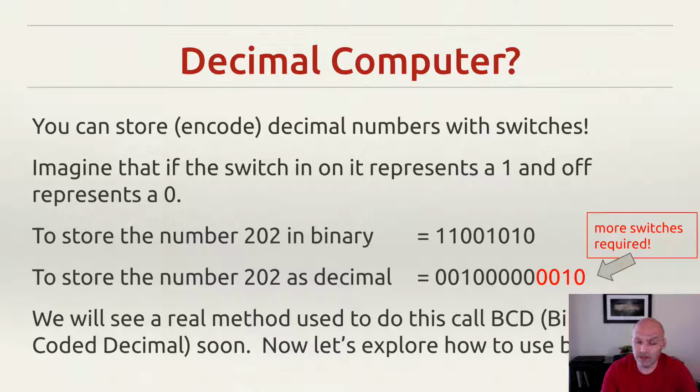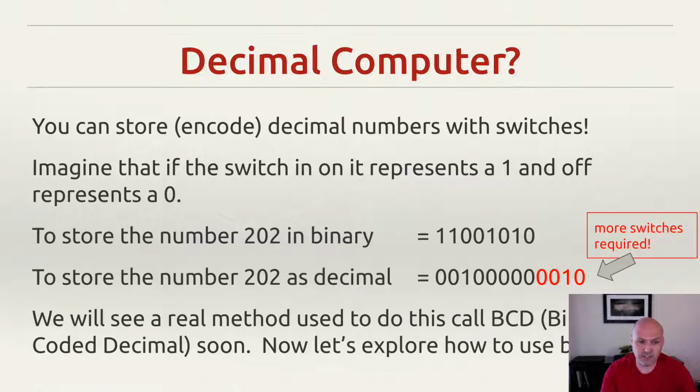Remember, at the end of the day, the computer still only has transistors to represent things. So in order for us to encode a decimal number in those transistors, we have to represent every digit with a set of transistors. Now, in order to represent one single decimal digit, I need 4 transistors. The reason for that will be clear in a few moments, but effectively our largest decimal digit is a 9.